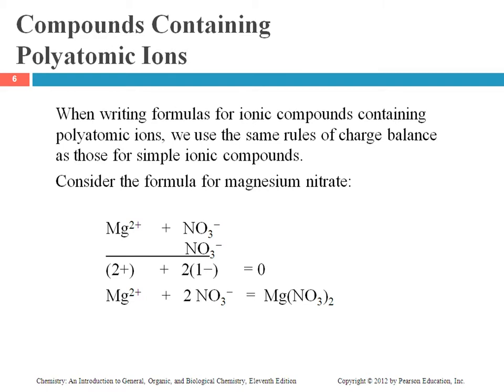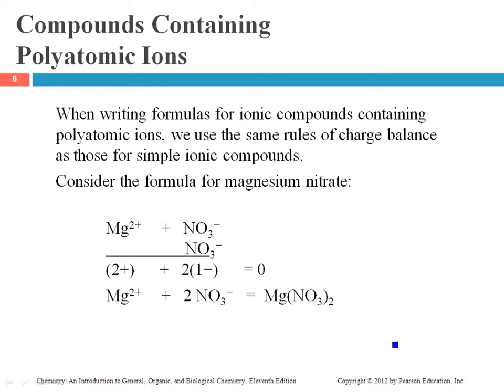When we are writing formulas for ionic compounds, we are going to use the same rules as we've done with charge balancing. Remember, an ionic compound is a metal and a nonmetal, but the reason you keep seeing the terms cation and anion is important here.